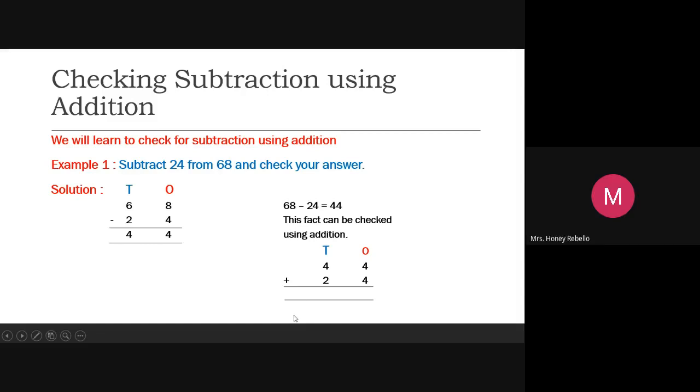Now, try. Tell me, what is 4 plus 4? Now, see, that number should come here. So, how to do that? 68. What is 4 plus 4? Please do it. 8. Very good. What is 4 plus 2?